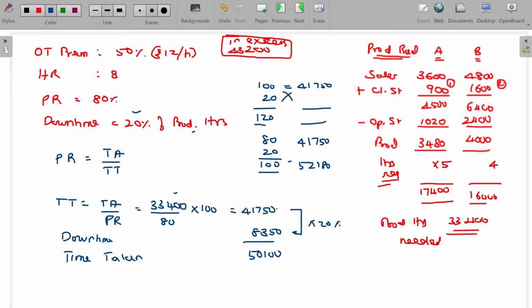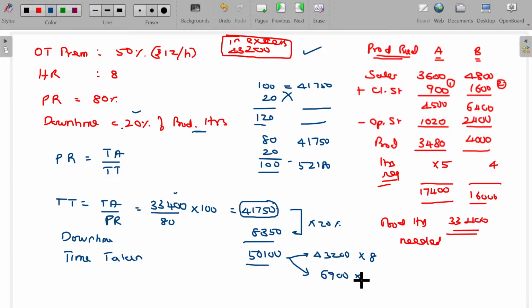Now, in that productive hours, 20% downtime. So productive hours is assumed to be this one. In that 20% is lost. So I calculate 20% on this, and 50,100 is the time taken. Up to 43,200, the payment will be normal, 8 rupees. Beyond that is considered overtime, around 6,900.